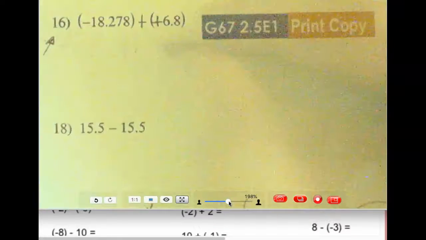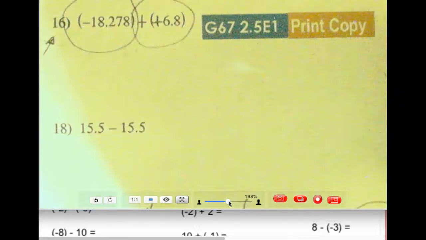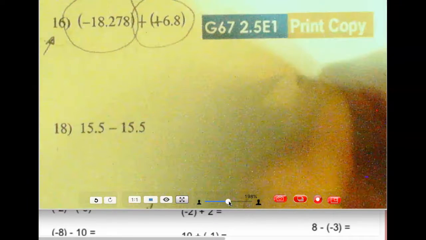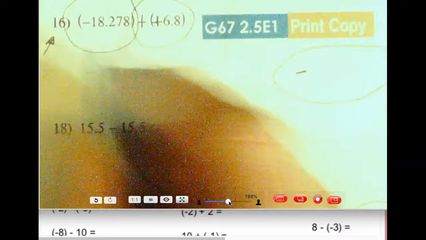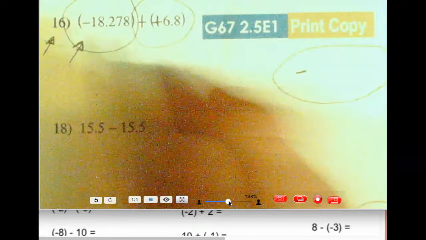So now all of a sudden, we've got a negative number and we're adding a positive. So really, what the heck are we doing? Really, we are finding the difference between these two numbers. Again, it's going to be negative, because this one is so much larger. Again, it's like $18 minus $6. So we have like 12 bucks.